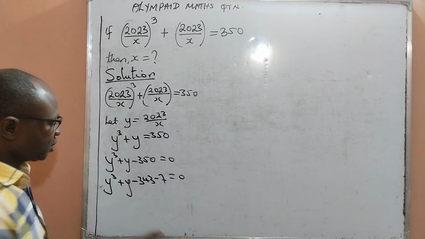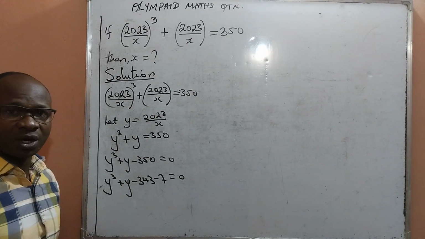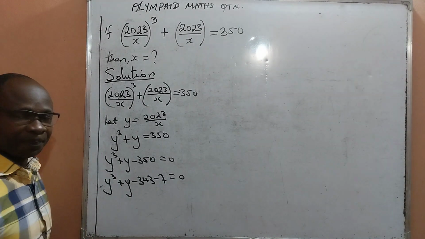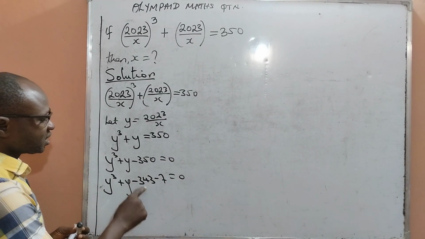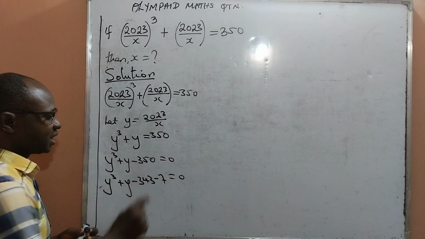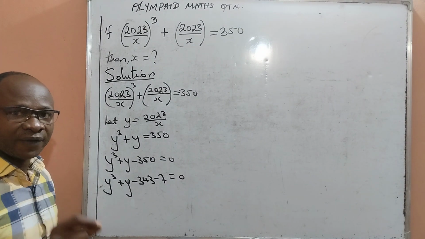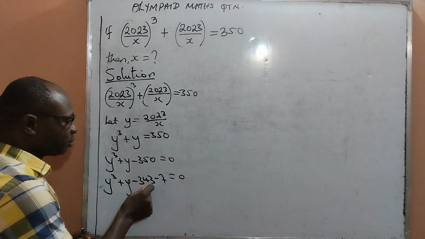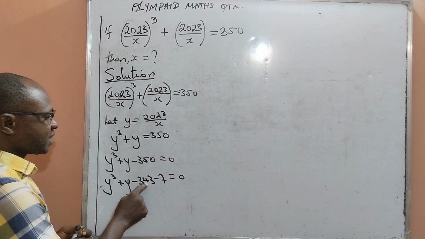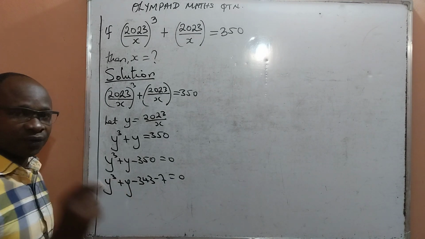The reason of making use of this 343 is because it is a cubic number, because 7 raised to the power 3 is 343. I was looking for a number I can put in cube form, and the 343 is very good for that.